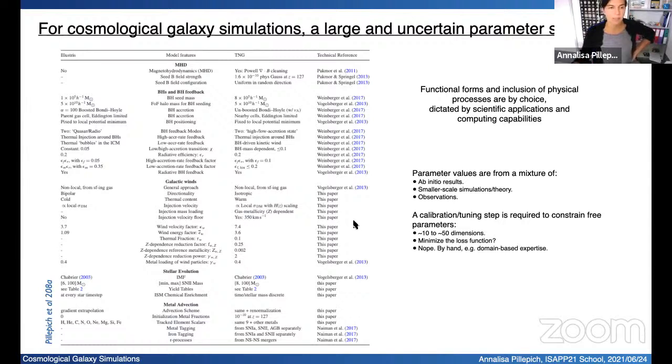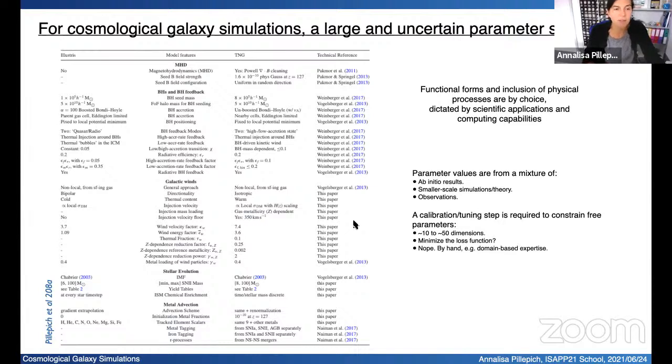So we explore how our model returns different galaxy properties by changing the choices of the parameter values. Of course, you have to choose which properties to look at, and you need to choose what parameters even to explore. This can be anything from a parameter space of 10 to 50 dimensions or so.